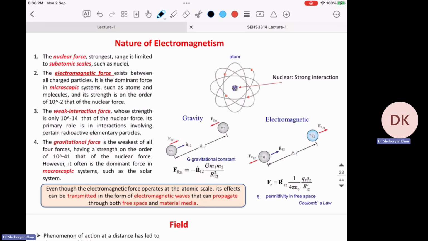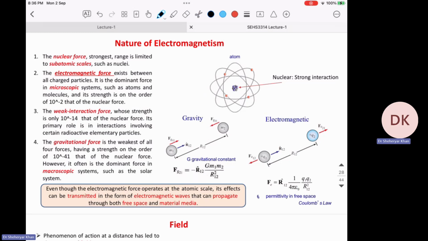Now, we are going to study the electromagnetic force. However, we will take some inspiration from gravity, right? Most of you have studied the gravitational force in your college physics.